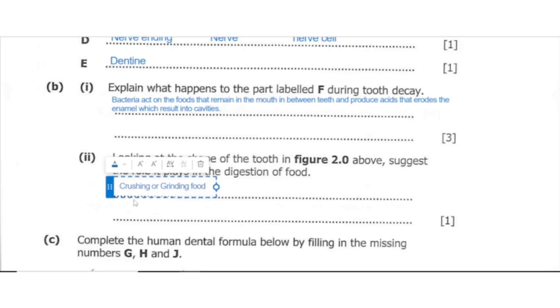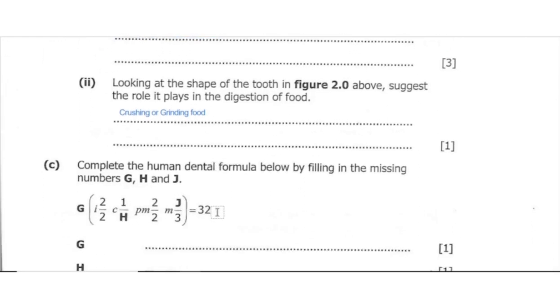Okay, so that is the function of this tooth. Unless you have got questions, if you don't have questions, we go to the next question.